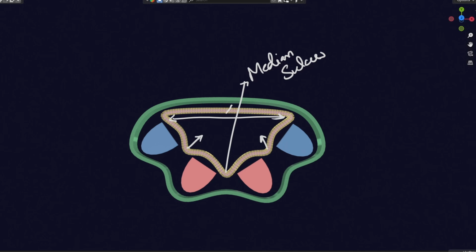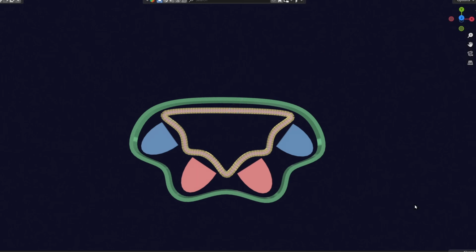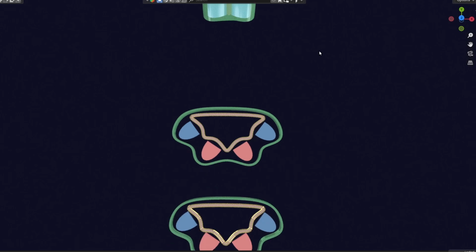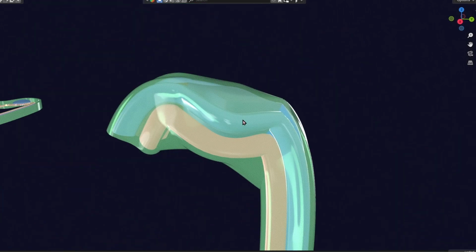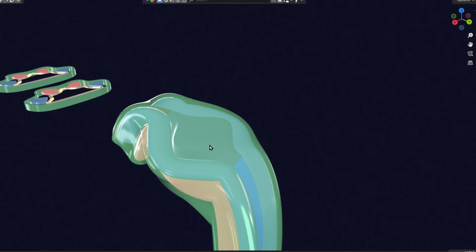Initially it was very narrow, somewhat here, but it has widened up, it has spread laterally, and this is the situation right now. This is very important to understand. That is why I'm stressing so much on this. If you can understand this, then you can understand the whole neuroanatomy of the medulla and pons, and even to some extent the midbrain as well. So this is the most important thing to understand.